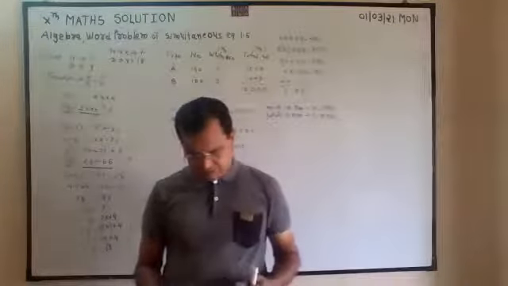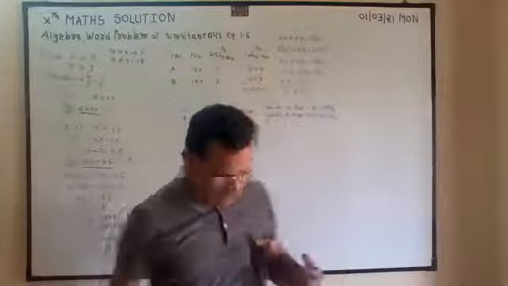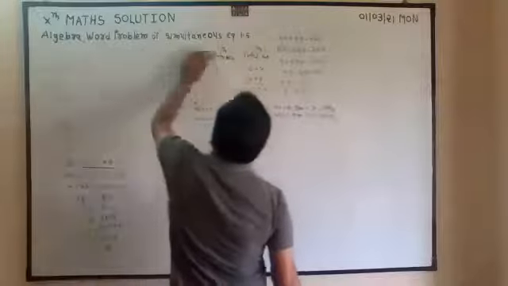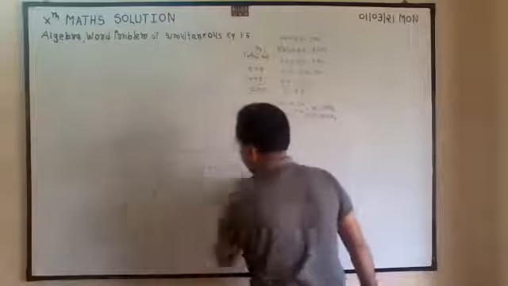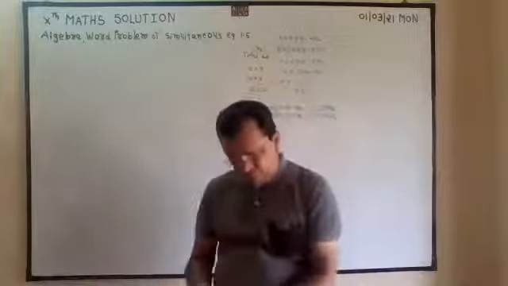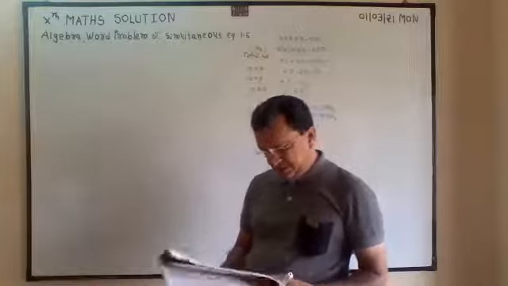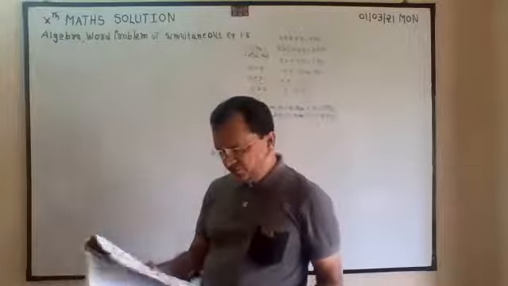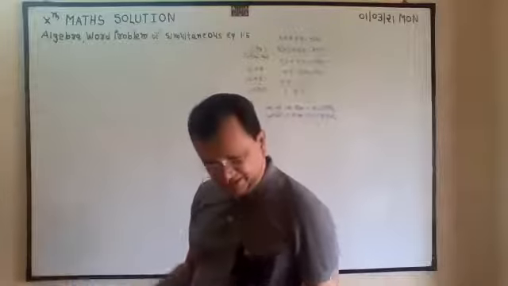Next one, this is also a tabular form question. Vishal traveled some distance by bus and by aeroplane. Bus travels with speed 60, the aeroplane's speed is given.